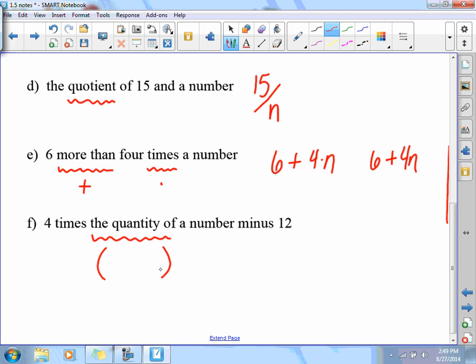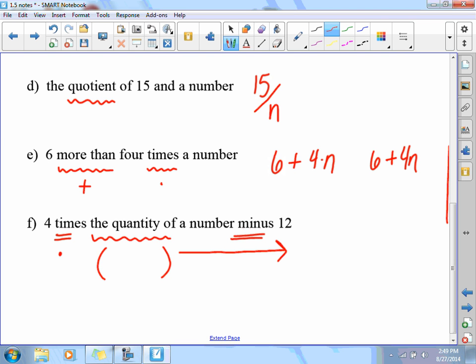So that tells me that whatever comes after that phrase, the quantity of, I'm going to put in parentheses. So I had 4 times, so that tells me I'm going to do multiplication. And then I also see minus, so that tells me I'm going to subtract. Now, when I see a number minus 12, that's kind of a literal translation. I can rewrite that with math symbols just like it is being read.